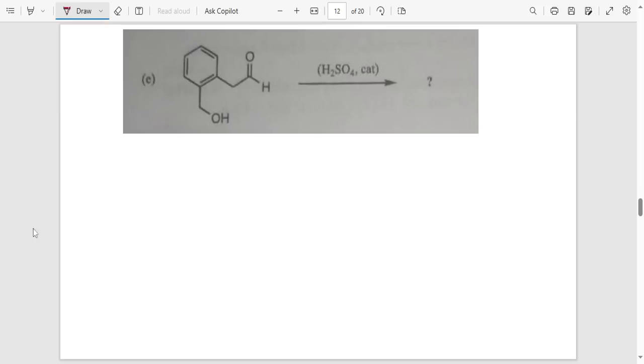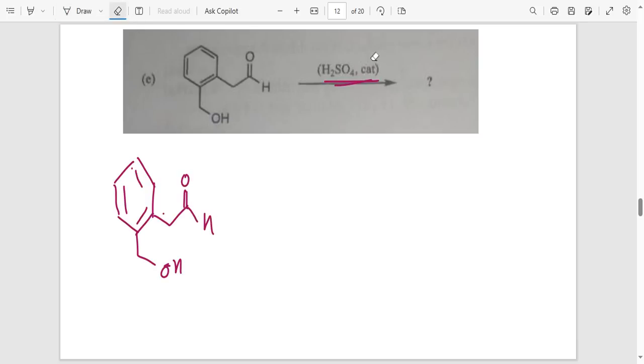The next one here, now look at what we have. We are reacting this with some sulfuric acid.